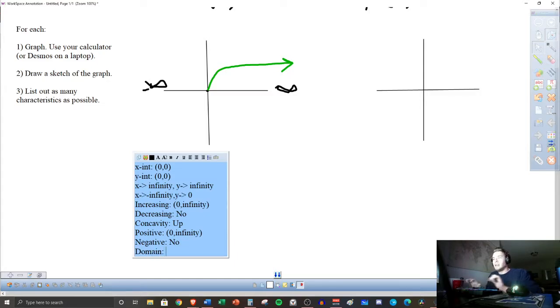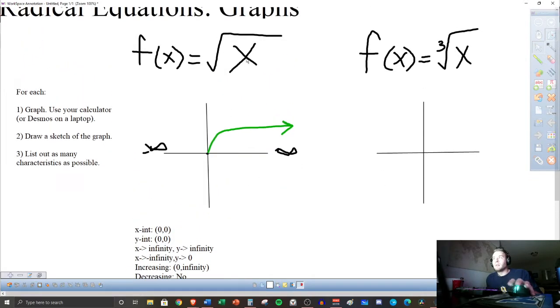Domain. Domain, remember, is the interval of all possible x values. So what is the domain? Is it all real numbers? That's what a lot of our domains were when we were learning about this. For polynomials, it's always all real numbers, but that actually isn't the case here. There are x values that don't exist for this graph, right? And think about it. It is a square root. What values can I not plug into a square root?